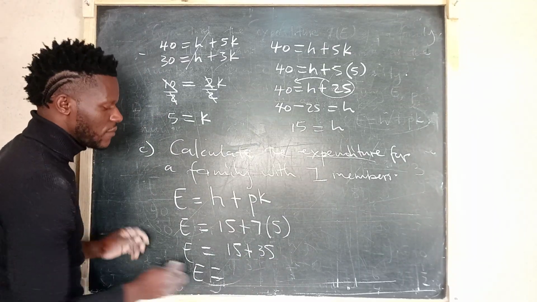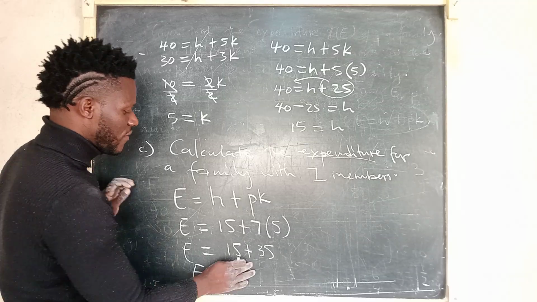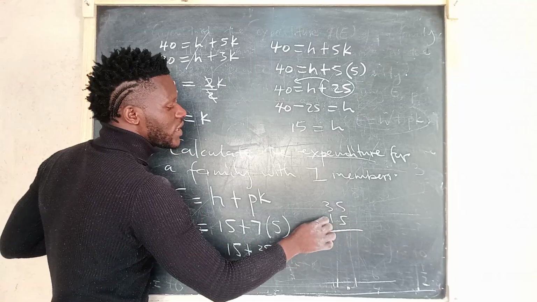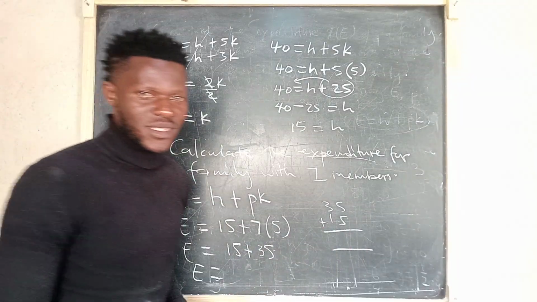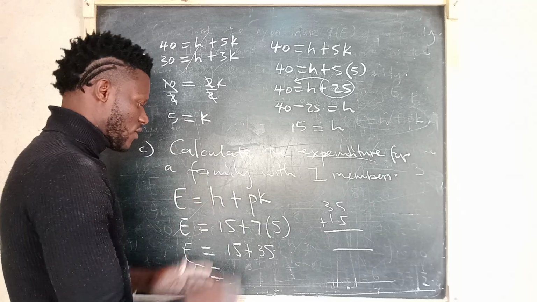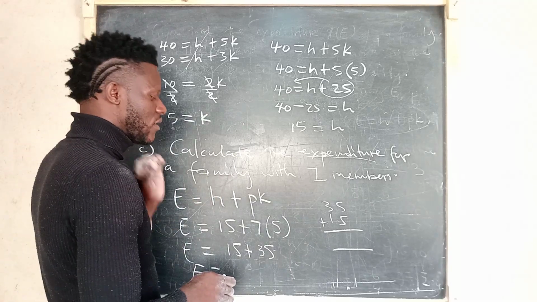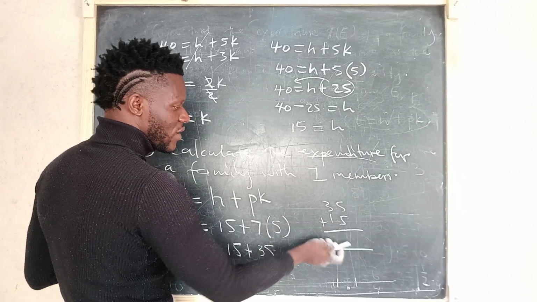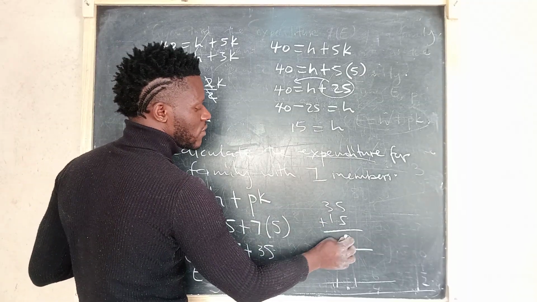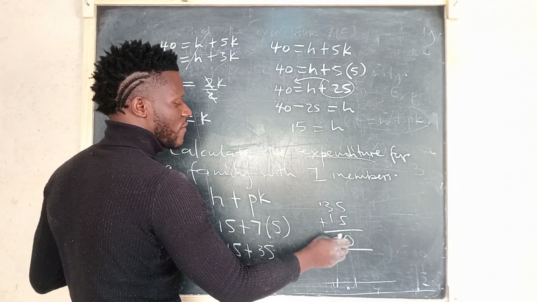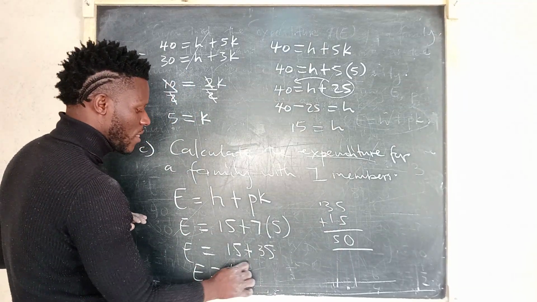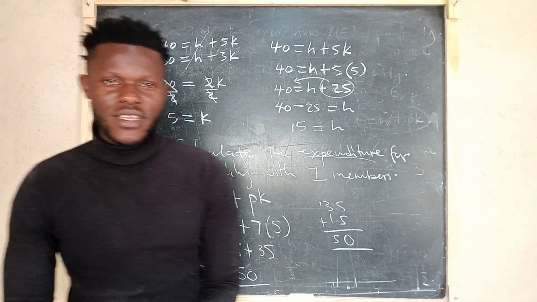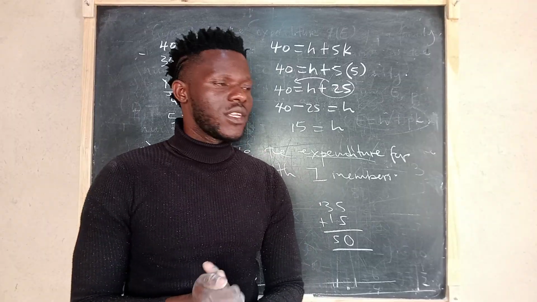We do not afford to make any errors in mathematics, so do not use shortcuts. Show working until you get very accurate answers. So we have 15 plus 35. Write down here 5 plus 5, that's 10. 0, 1, 3, 4, 5. The expenditure is $50.